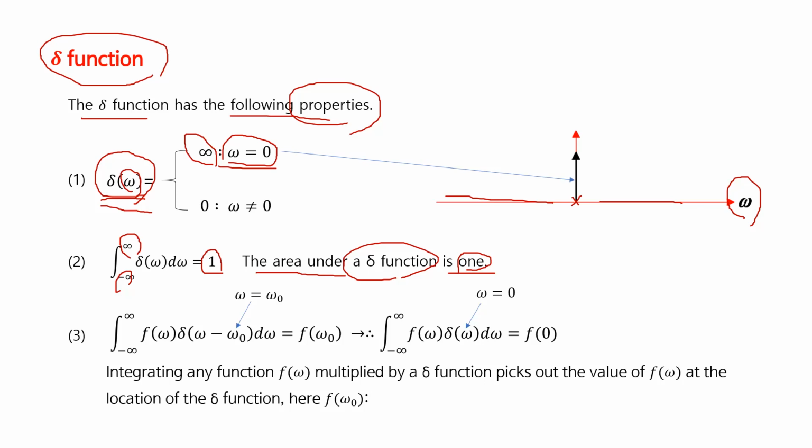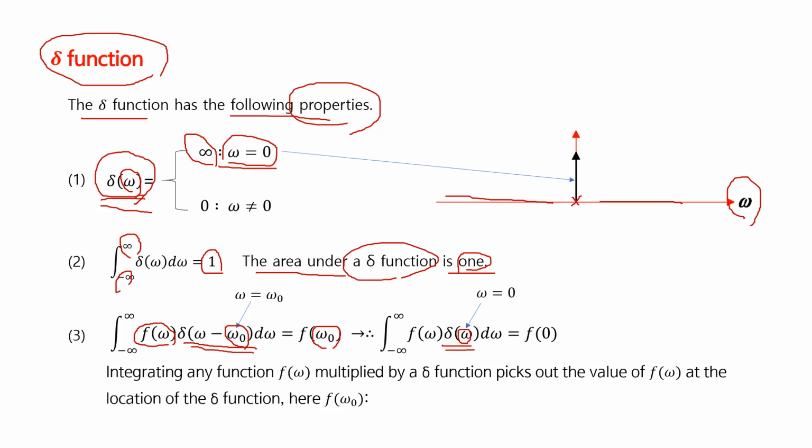Next property: f(omega) is multiplied by the delta function. Then we have f(omega 0).